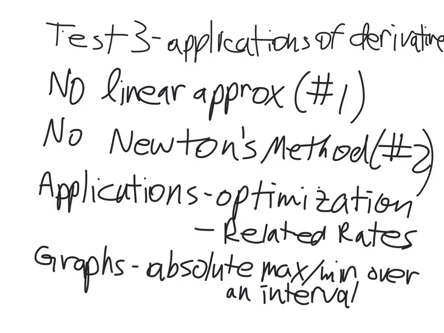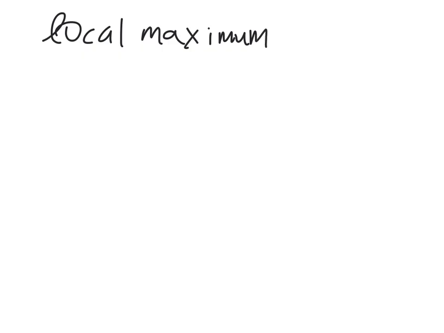Also, with the graphing with maximums and minimums, we can find local maximums and minimums, or sometimes we call those relative maximums and minimums. Again, those would occur at critical points.